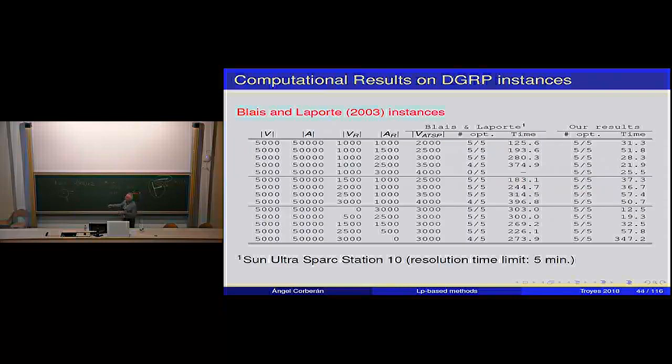Okay, you have here the characteristics of the instances, all of them with this number of vertices and this number of arcs. These are the number of required vertices we have to visit. Our tour has to visit these vertices and traverse these arcs, in different proportions.